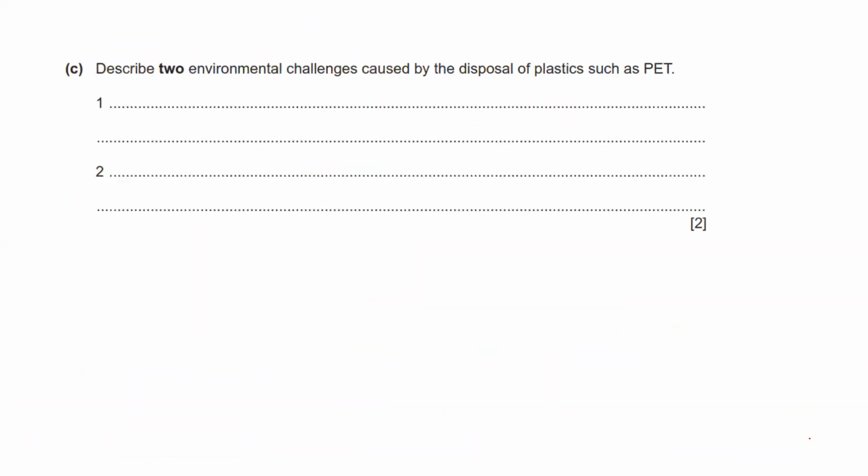So moving ahead, the last part of this exam says describe two environmental challenges caused by the disposal of plastics such as PET. So plastics take a long time to degrade or decompose.